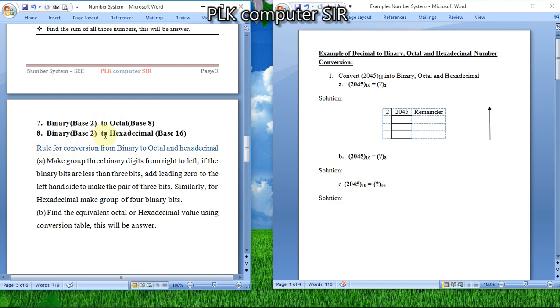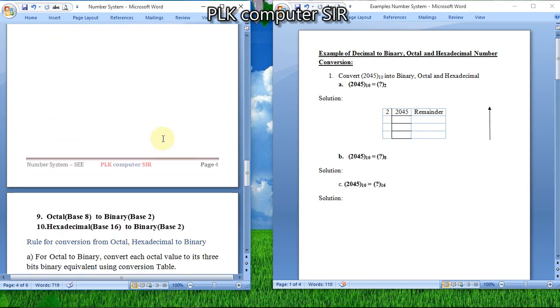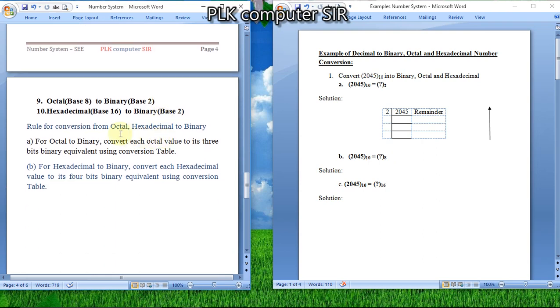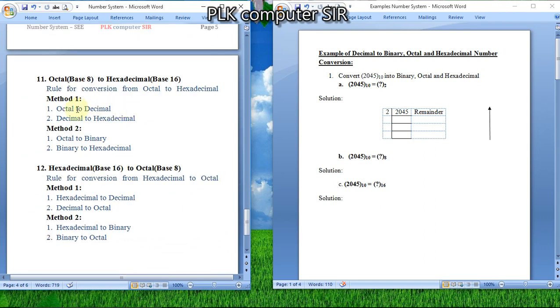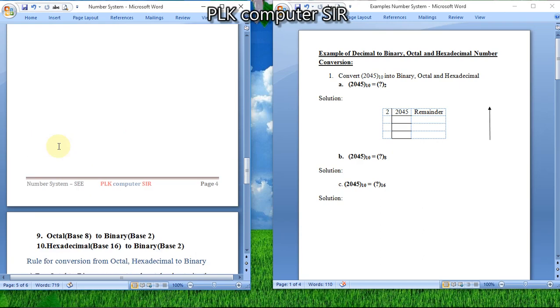Number 8, binary to hexadecimal, whose base is 16. Then octal to binary, hexadecimal to binary, octal to hexadecimal, hexadecimal to octal. So altogether we have 12 types.